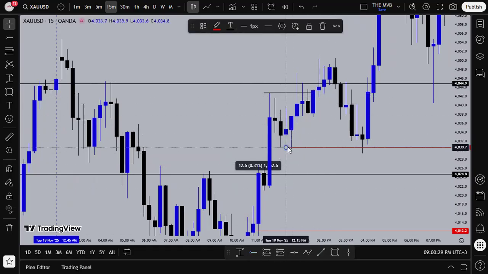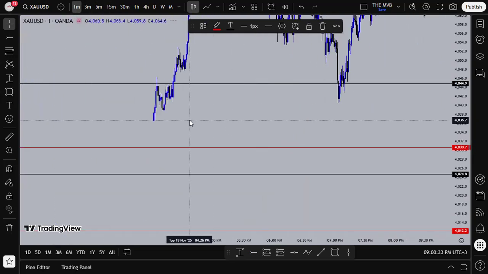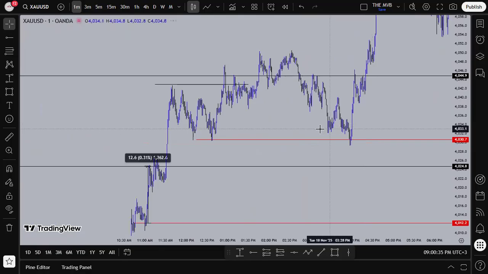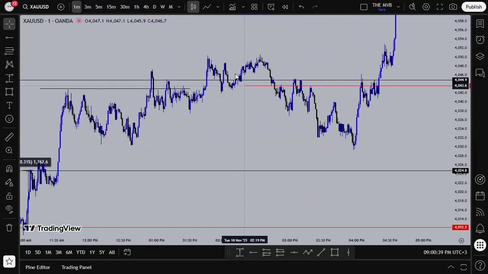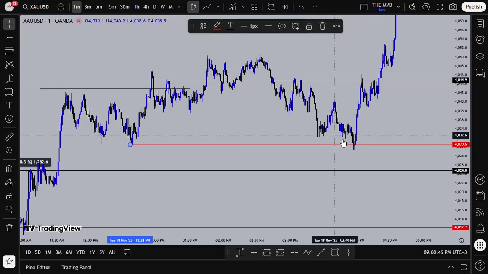of liquidity here. Okay, so if you go back to the 1 minute to look for the entry, you can see price came all the way from that point towards this liquidity area, and it provided a little bit of a deviation below this low.